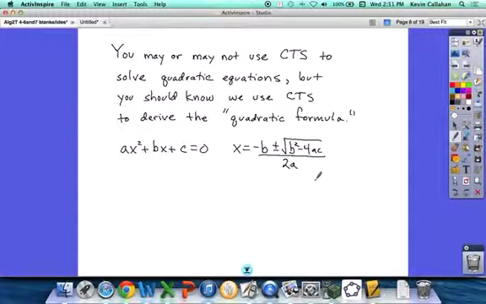Okay. I assume you've had quadratic formulas sometime in the past. If you didn't, this is the standard form of a quadratic equation, right, it's ax squared plus bx plus c, where the a, b, and c are real numbers. Then this is the formula that you can, if you know those three numbers, you just plug them in and you get your values of x that solve the equation.